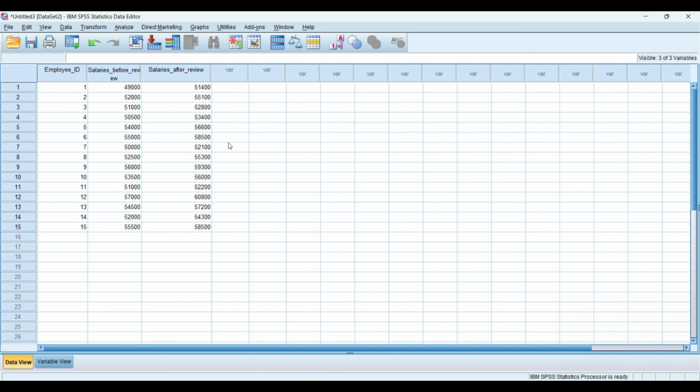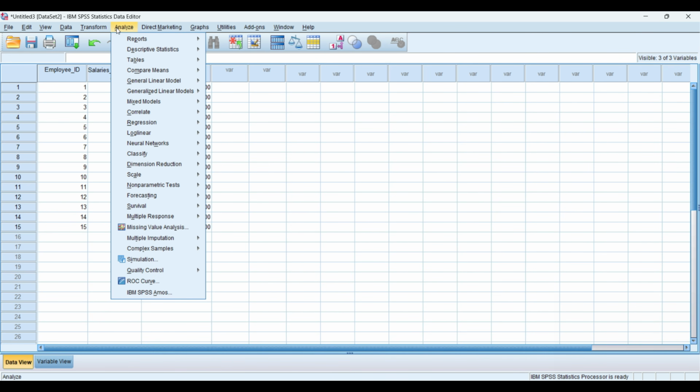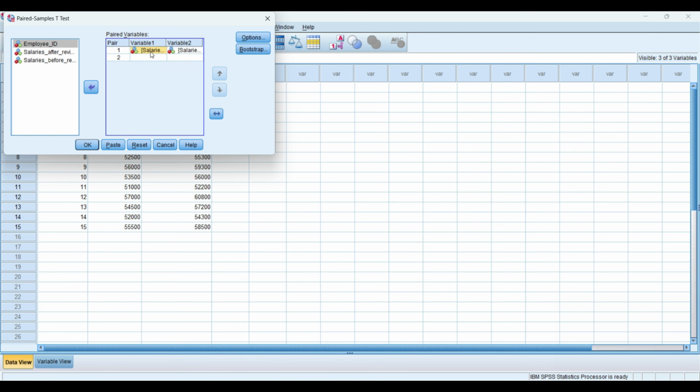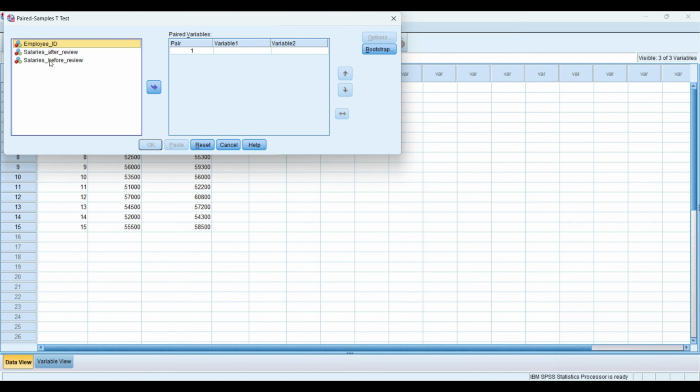Okay, so we go to Analyze, click on Compare Means and then click on Paired-Samples T Test. We need to reset, then we need to put salaries before review and then put salaries after review and then click on OK.